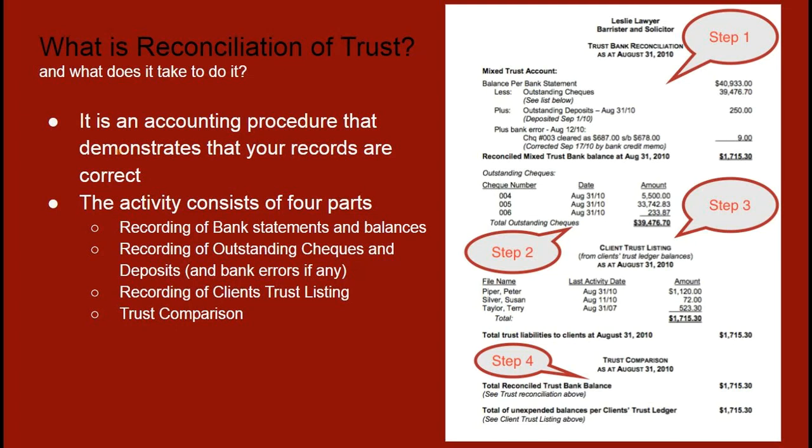It could be moving money from trust to general based on a retainer and an invoice generated. So everything that's related to a file is one set of transactions, depending on whether the touch point is a trust touch point or related to your general account. That is one side of the story.